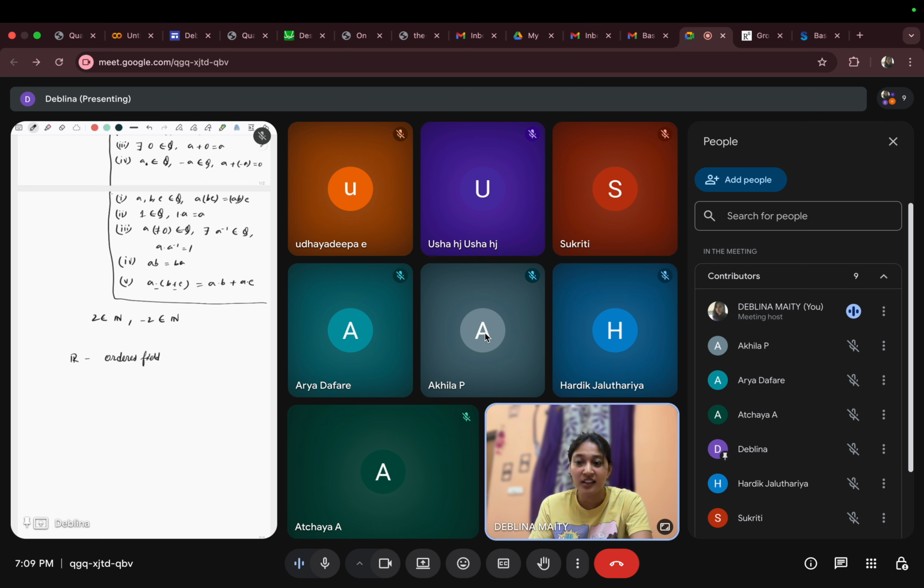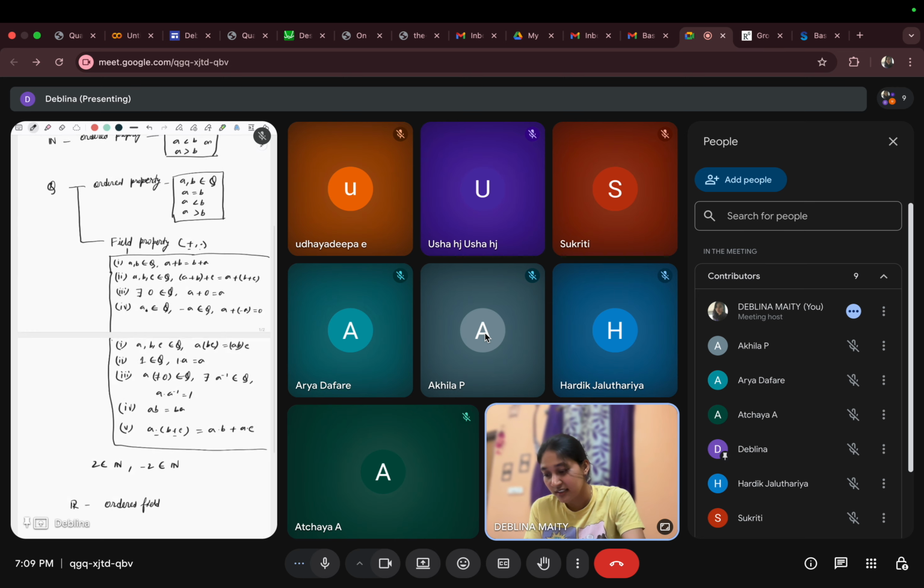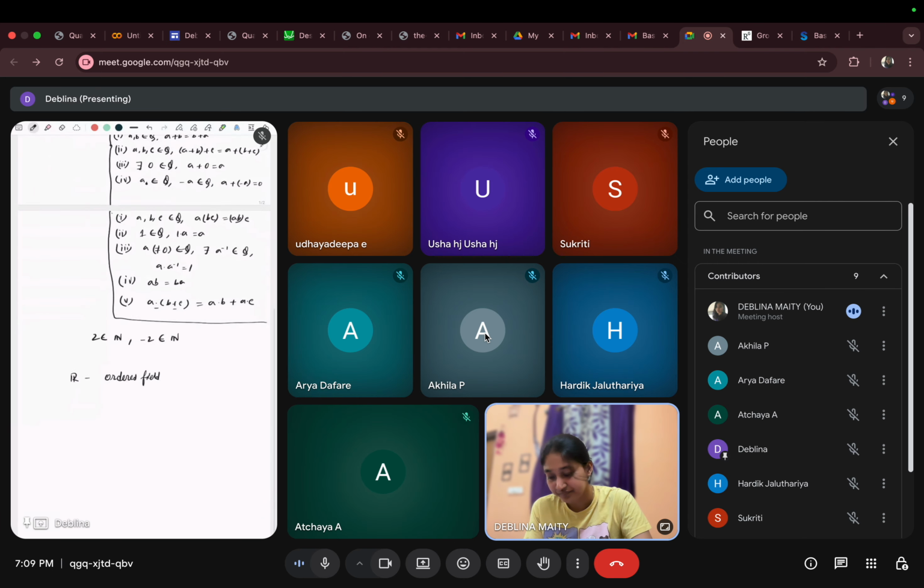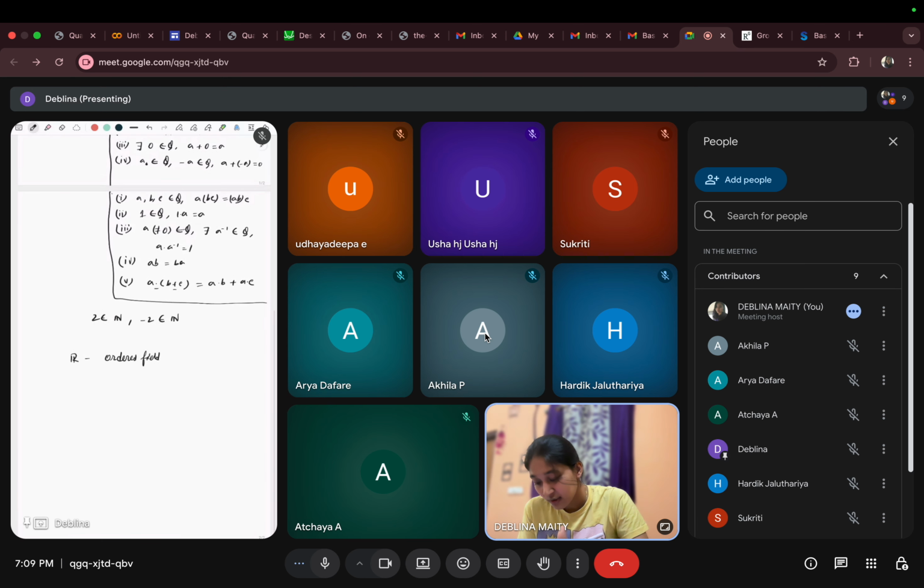So how to differentiate R? Q is an ordered field and R is also an ordered field, because R also satisfies this order property and field property, the algebraic property. To differentiate these, they came up with a property which is called the completeness property. What does it say?